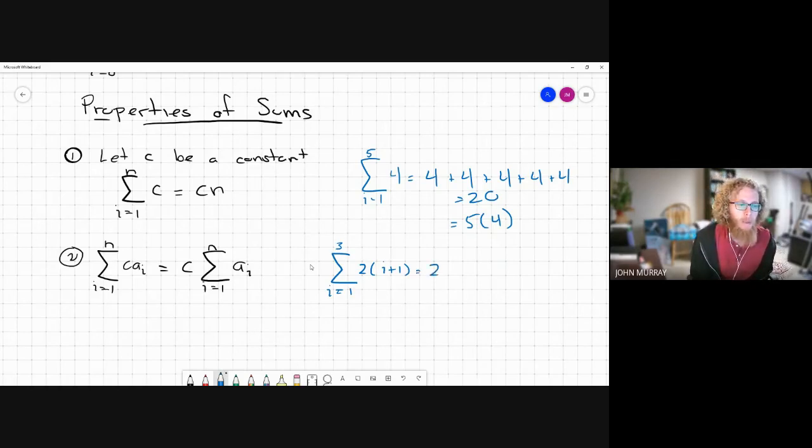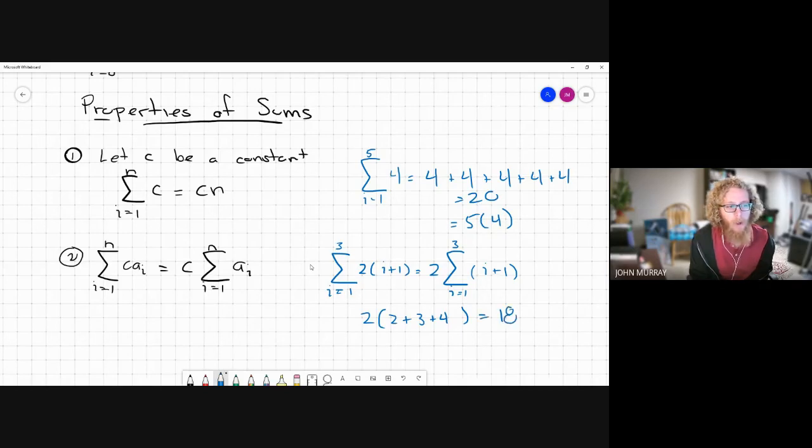So what it's telling me is I can pull that 2 out, and I just worry about the sum of i plus 1 from 1 to 3. So that gives me 2 times, well, I have 2 plus 3 plus 4, which is 9. 9 times 2 is 18.